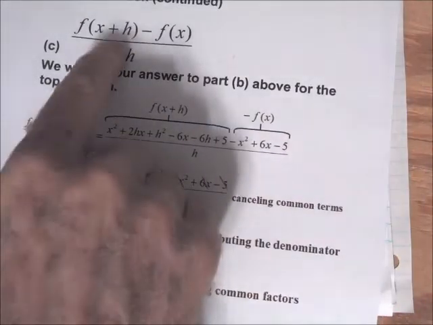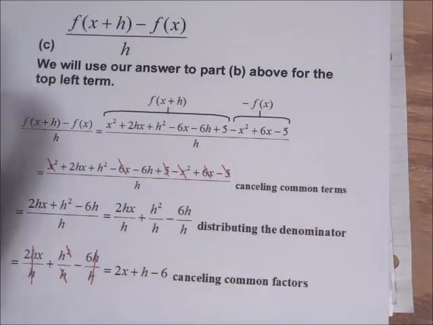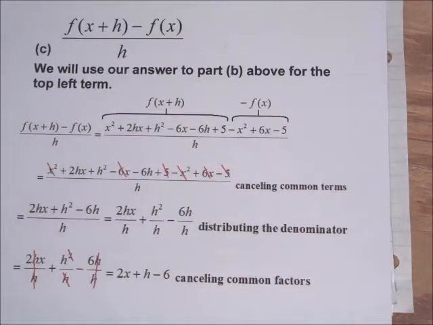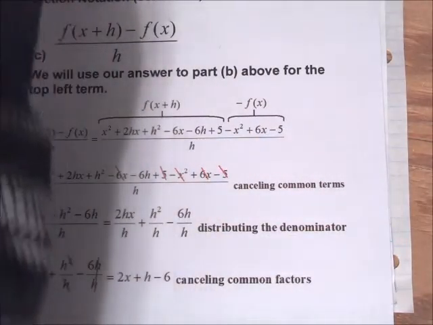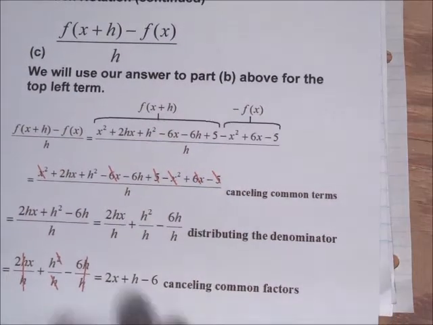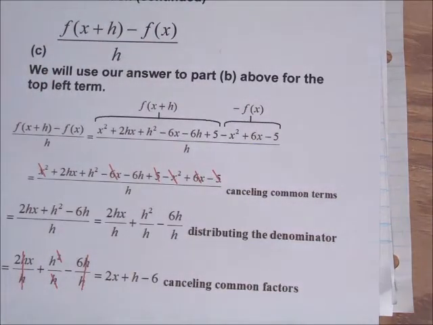The first term in the difference quotient is, looks like I froze here. See if I can unfreeze. There we go. The first term of the difference quotient is f of x plus h, and this is actually the slope of what's called the secant line.